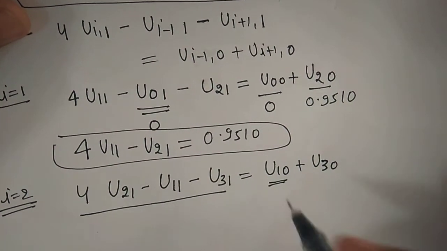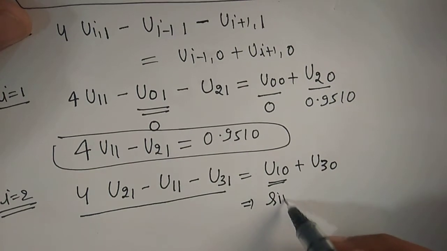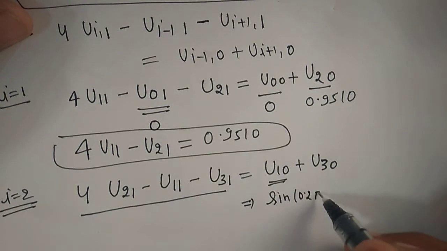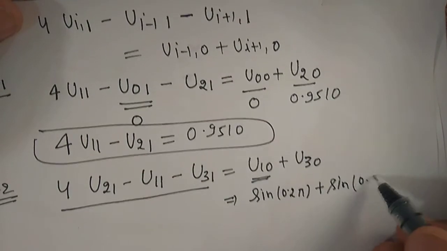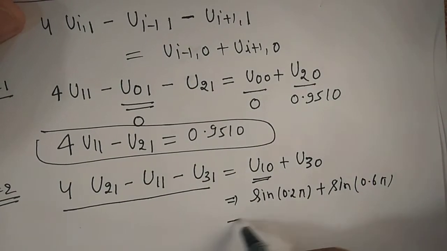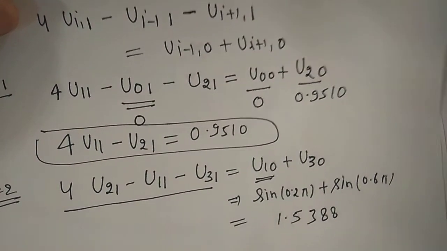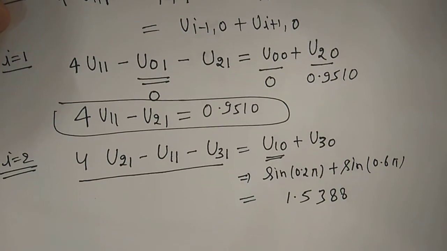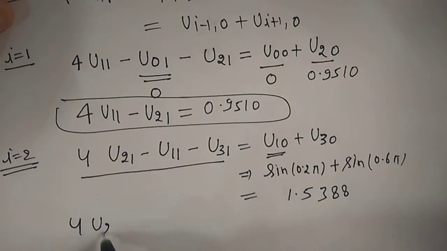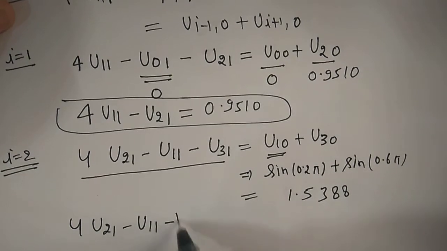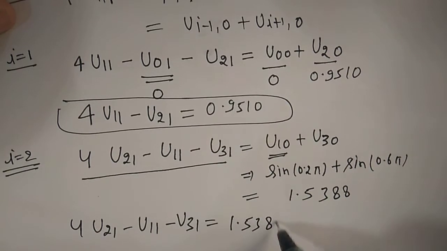Here u10 means sine 0.2 pi, and u30 means sine 0.6 pi. So you simplify this, and we get 1.388. So your second equation is 4 u21 minus u11 minus u31 equal to 1.388.